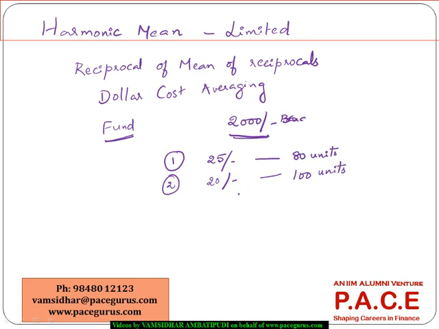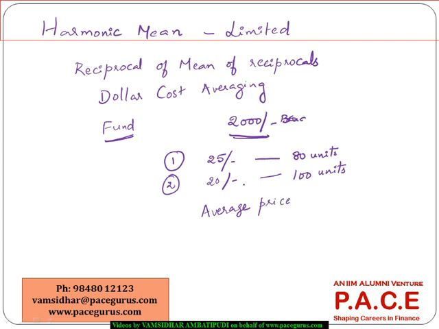Now if I want to find out the average price per unit, when it was 25 I purchased 80 units, and when it is 20 I purchased 100 units. Now what is my average price?